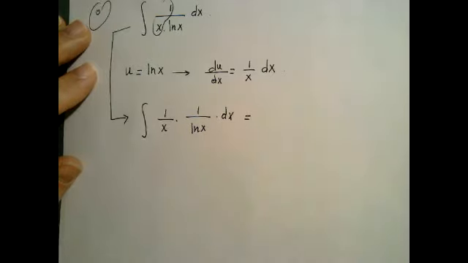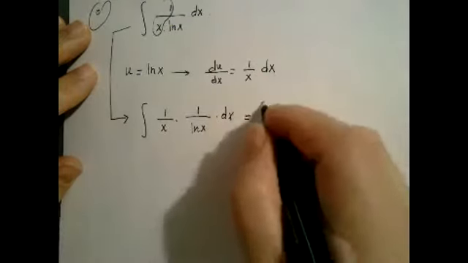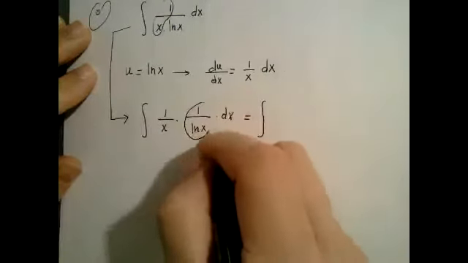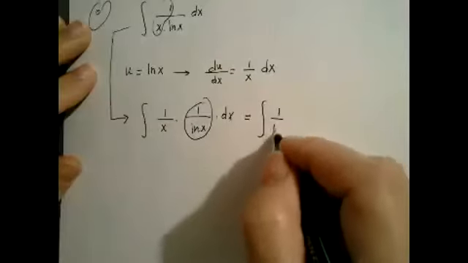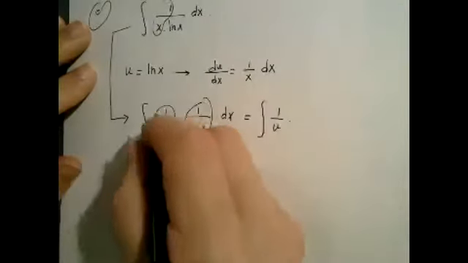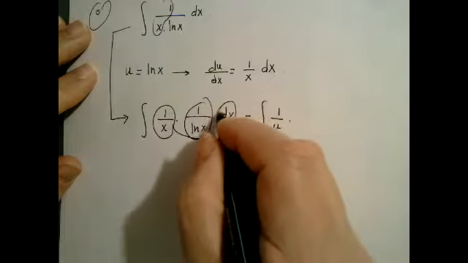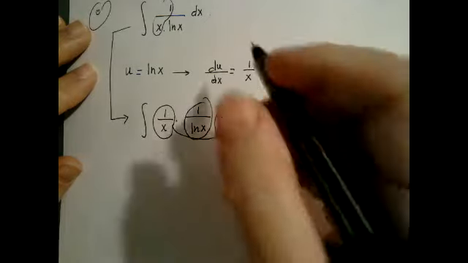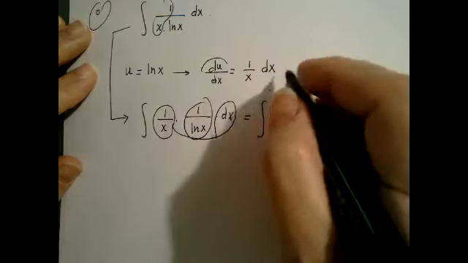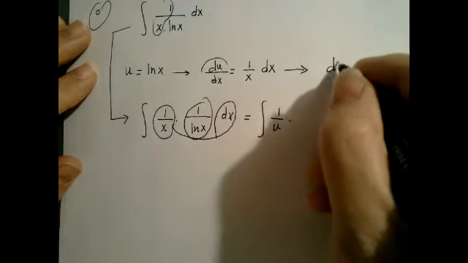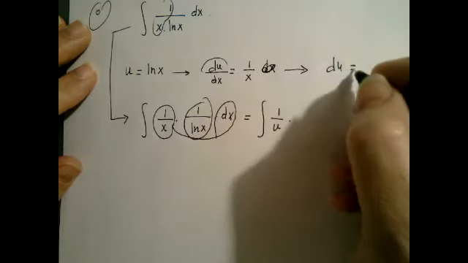Equal: 1 over ln x is 1 over u, and 1 over x dx, this piece, this is where we're picking up the du.